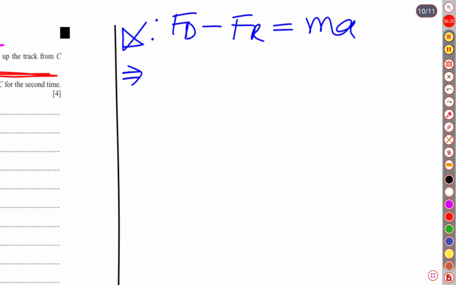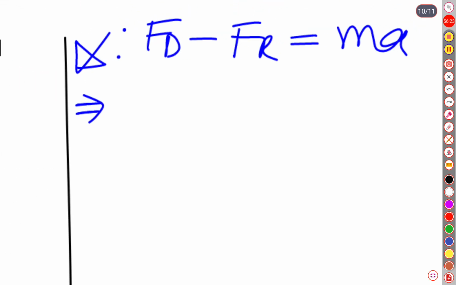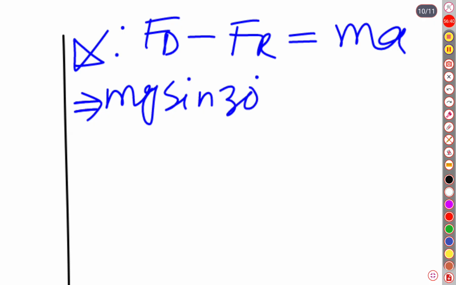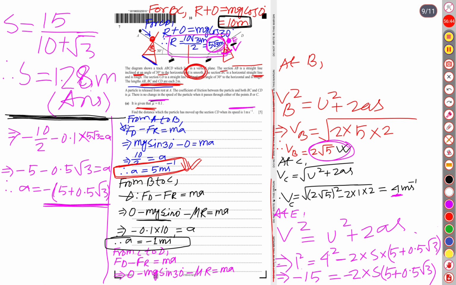The component of weight along the incline is mg sine 30 degree, because the angle it was leaned. Look at this, it was 30 degree.